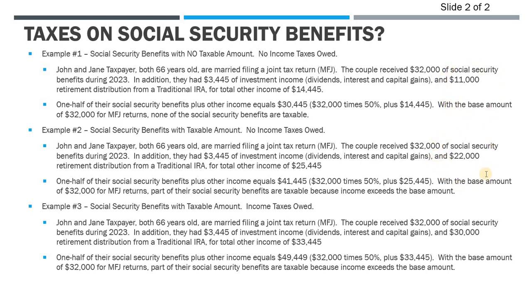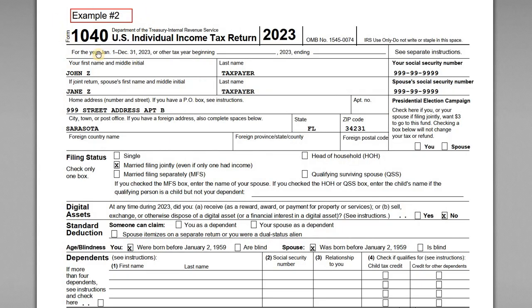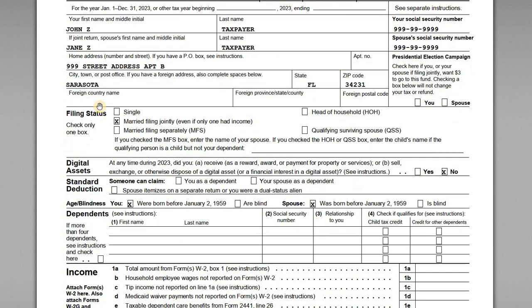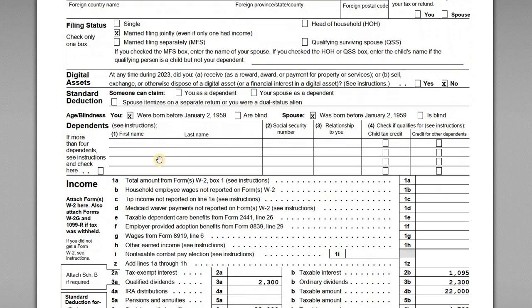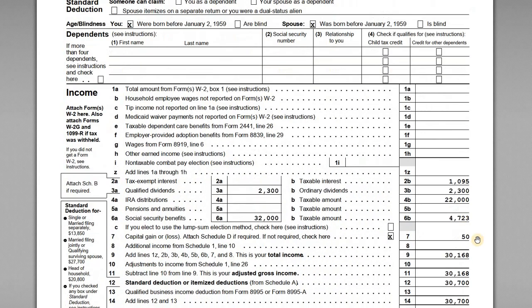So it's double what it was from the prior example. So how does that additional retirement distribution income impact our computation? So if we look at example 2 here, we've got the same return, the married taxpayers, married filing joint, no dependents. They were both born before Jan 2nd, 1959.